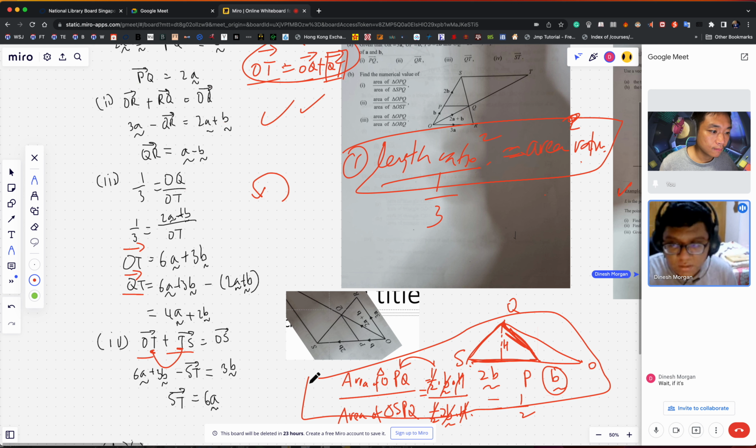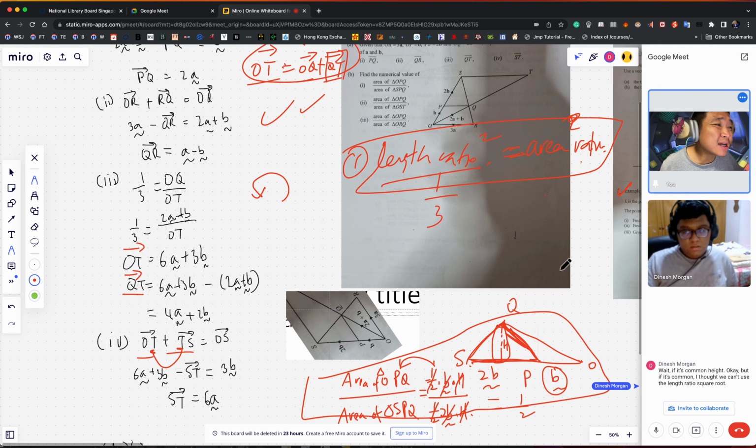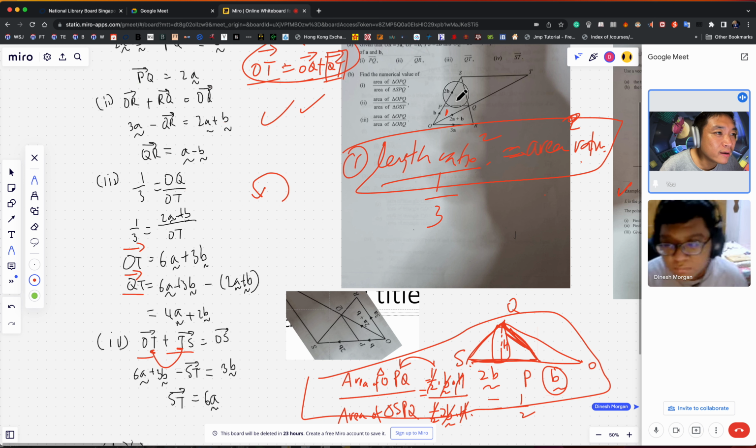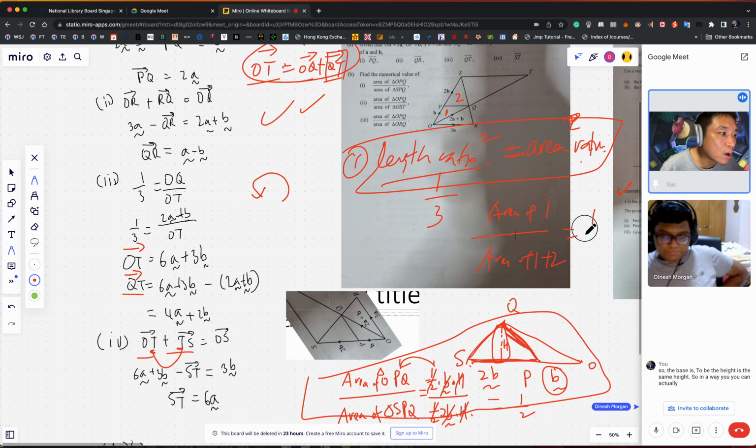Wait, if it's common height, I thought we can't use the length ratio squared. Oh wait, just now what I used is area of 1 over area of 1 plus 2 is 1 to 3.